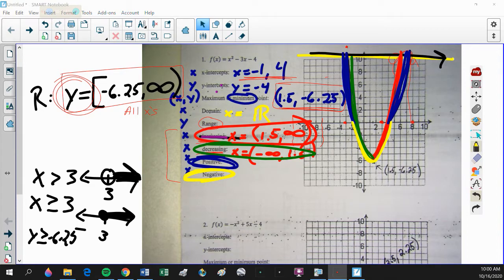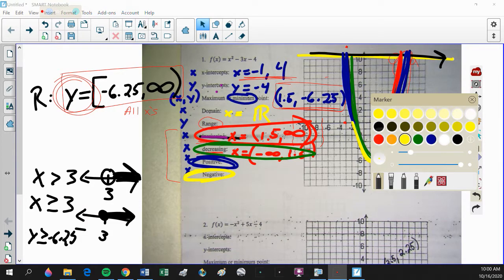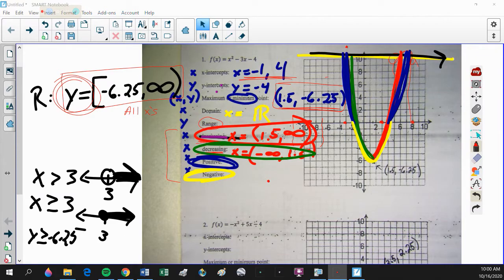Okay. So let's write this down. Look at positive. When is the car above the x-axis? When is the car above sea level? Well, we have to look at the x-axis. So we say x equals from forever ago, so negative infinity. And when do we break sea level? At -1. Now notice, we're looking at the y-axis, not the x-axis.